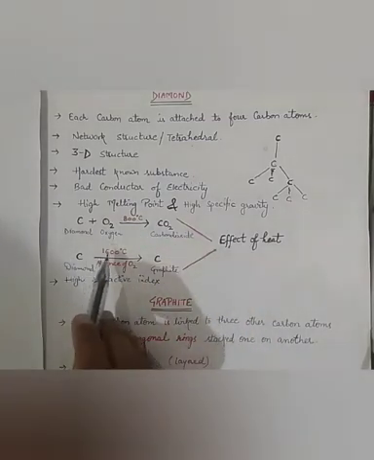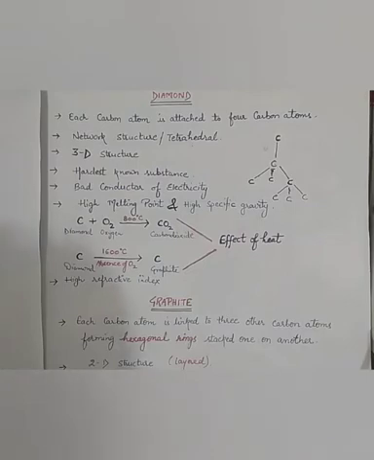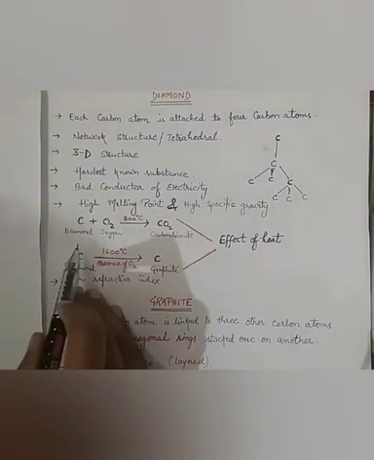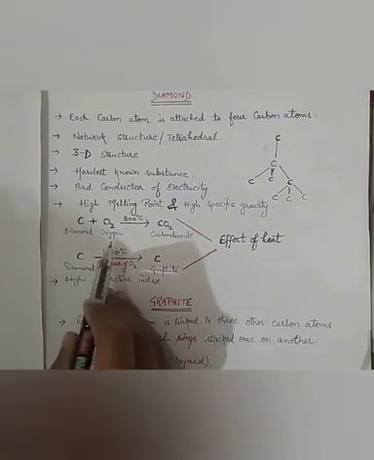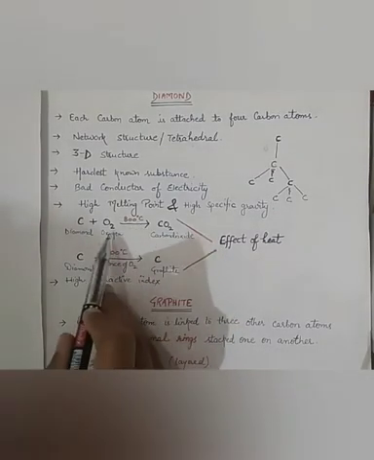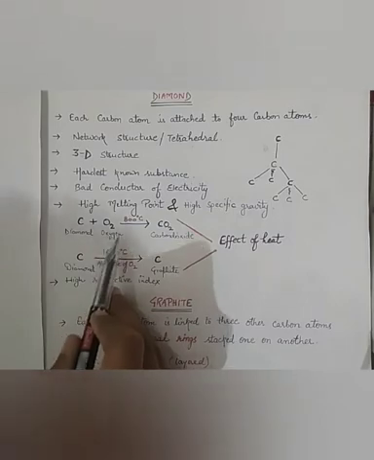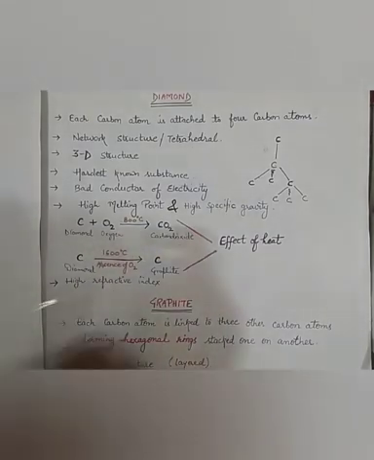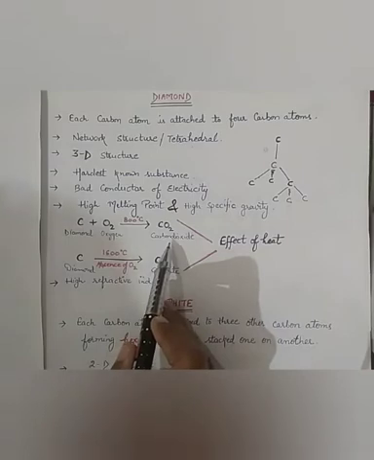Now next is the effect of heat. Diamonds are stable to heat, but they are destroyed by intense heat. As you can see, when diamond is heated at 800 degrees Celsius in the presence of oxygen, it forms carbon dioxide.